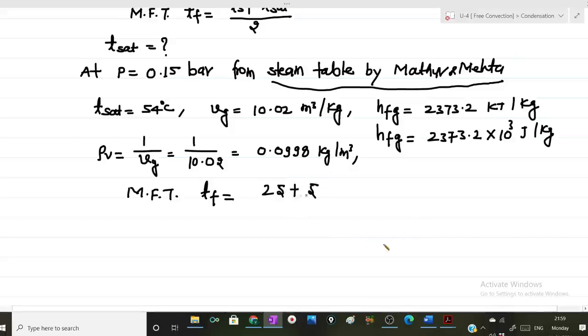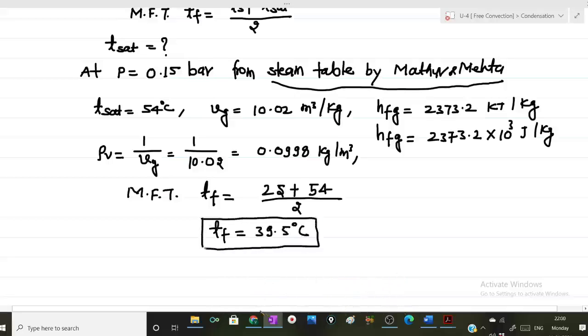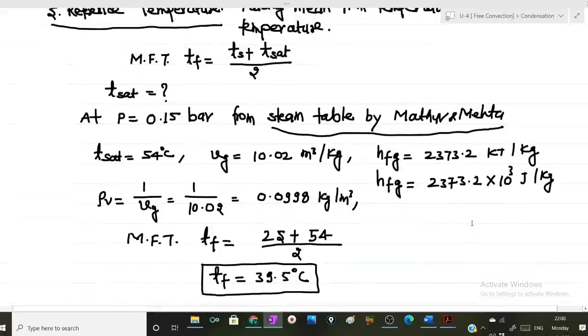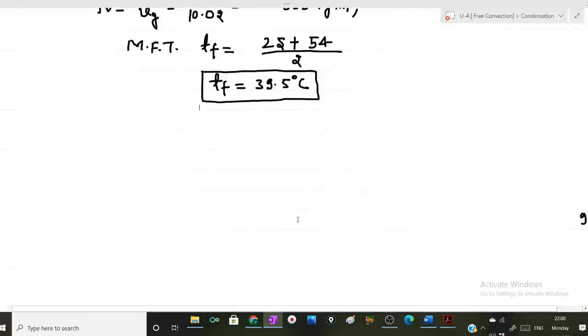Let me write it very clearly. So the mean film temperature or reference temperature comes out 39.5 degrees Celsius. Now, after identifying the mean film temperature and properties of steam from steam table, step number 6 will be thermophysical properties.